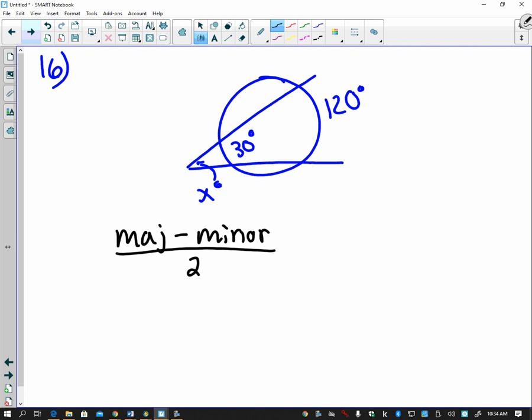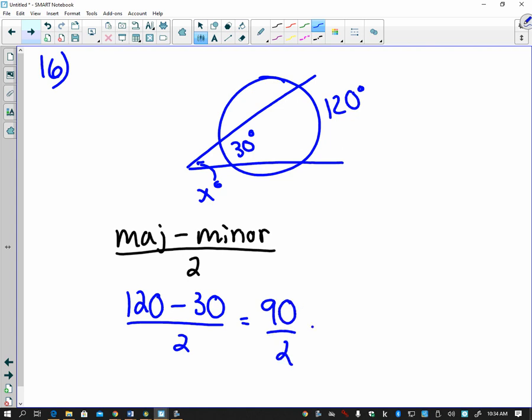Okay. What is the major arc here? 120. What's the minor arc? What's 120 minus 30? 90 divided by 2 is x equals 45 degrees.